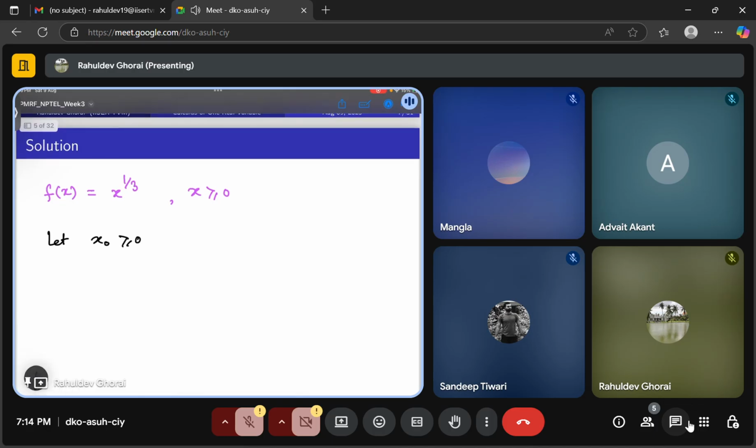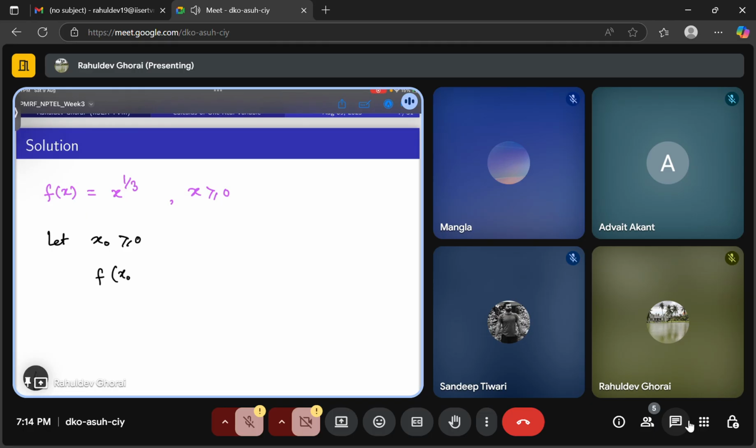For this moment, we start with x naught greater than 0. Then we need to find f'(x naught), or whether f is differentiable at x naught or not. Why take x naught greater than or equal to 0? Because that point has to be in the domain. When x is less than 0, the function is not defined.